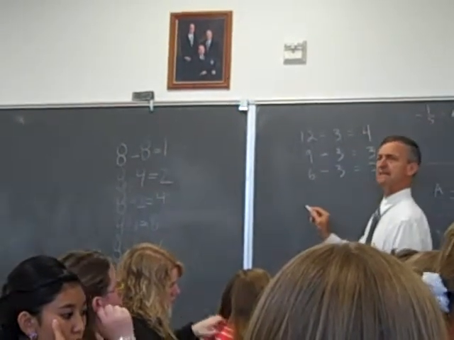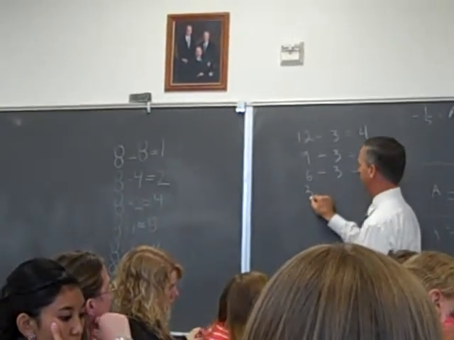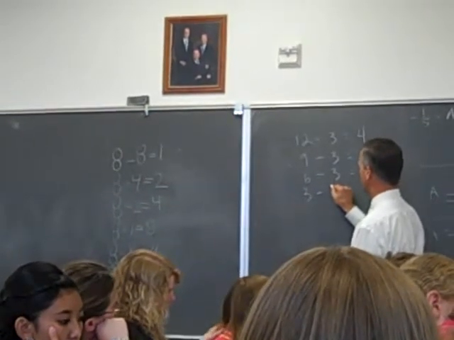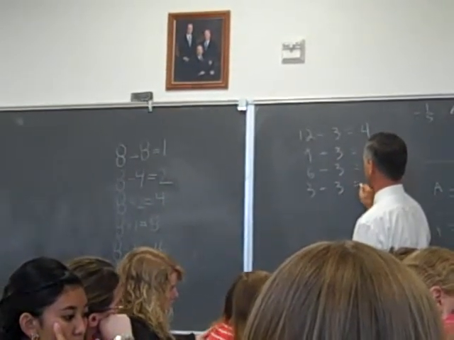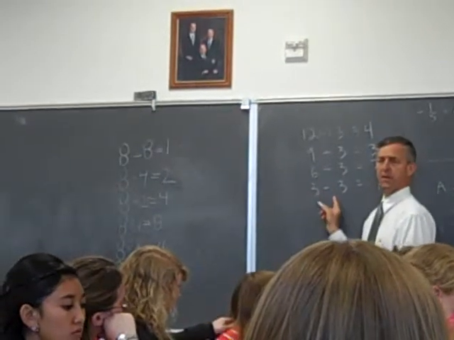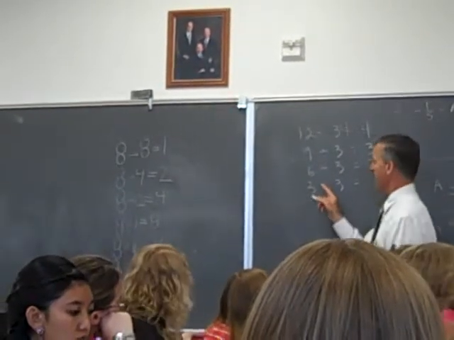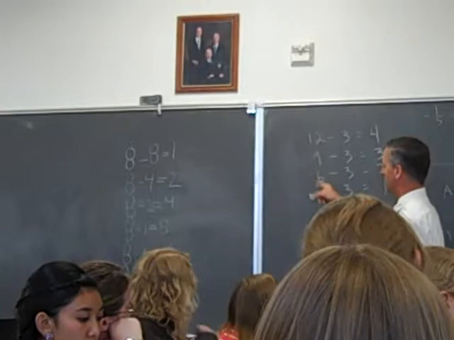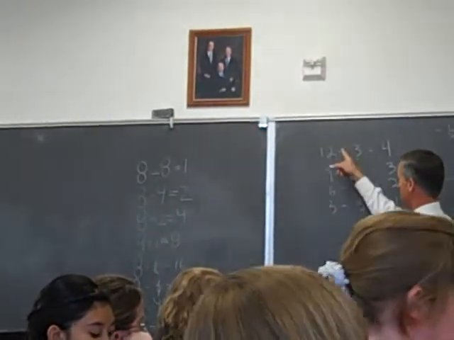What goes next, class? 3 divided by 3 equals 1. How did you know that it was 3 divided by 3? Going down by 3, down by 3, down by 3. This stays the same, this stays the same.